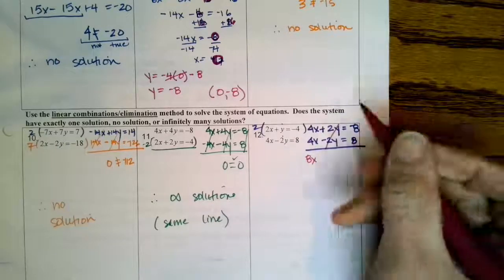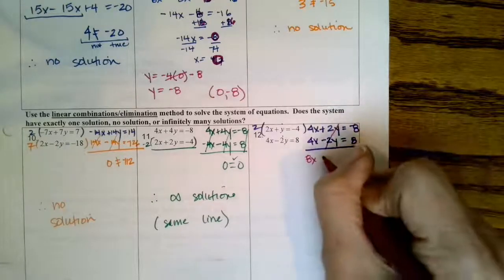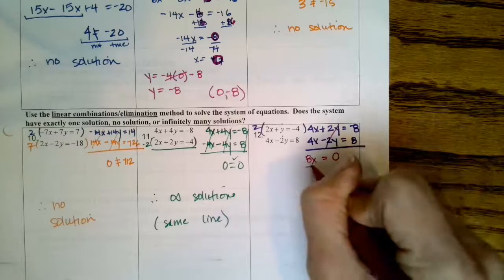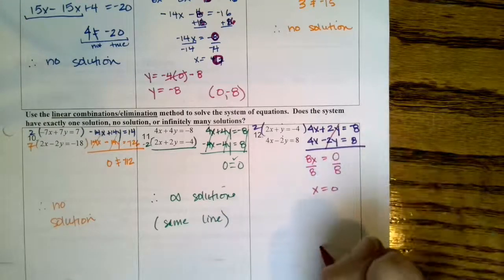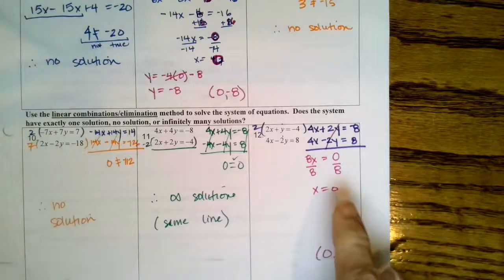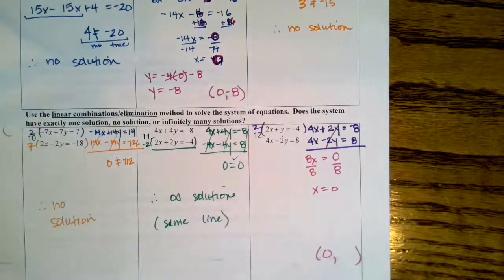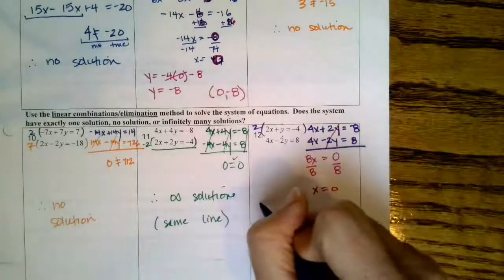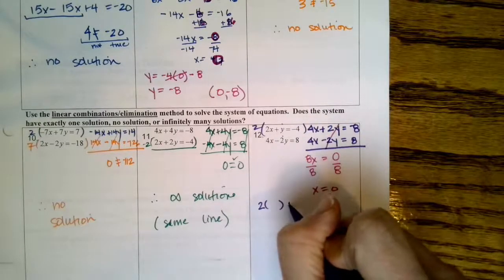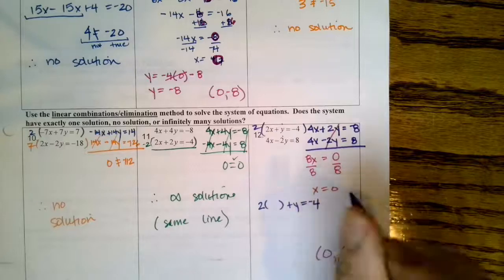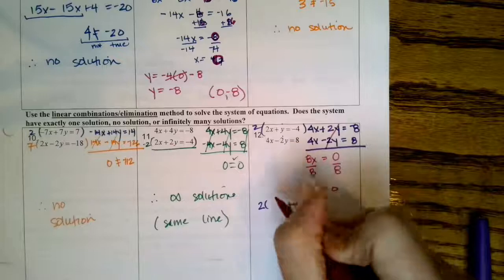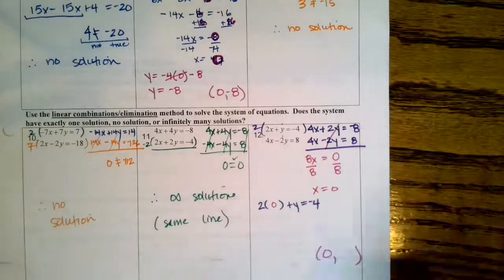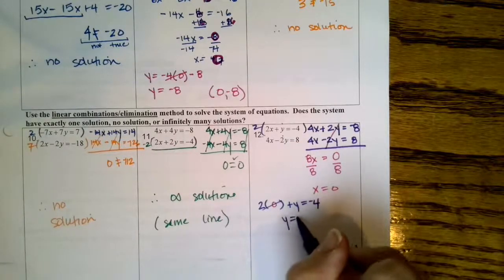This is not a 0 pair, positive plus positive. And guess what? This is a 0 pair, but again, 0 is a solution. 0 is the x-coordinate of this ordered pair's solution. So I'll go ahead, 2 times my x value plus y is equal to negative 4. I took this equation up here, and I'll go ahead and put my 0 in. That's an easy one to solve. So y is equal to negative 4.